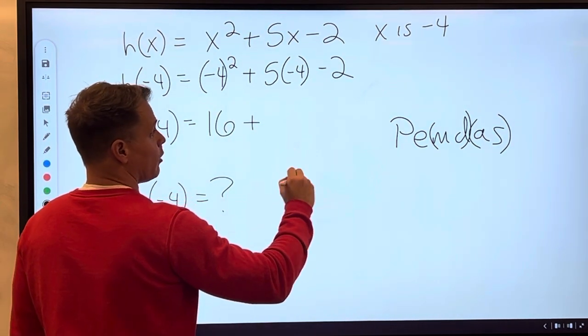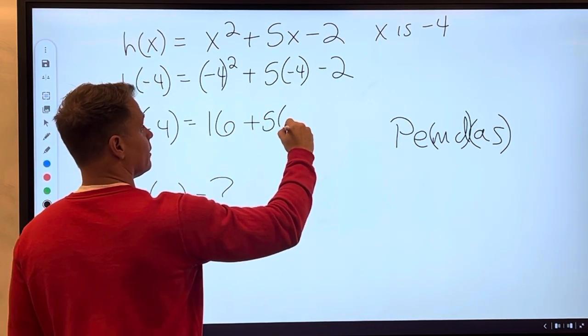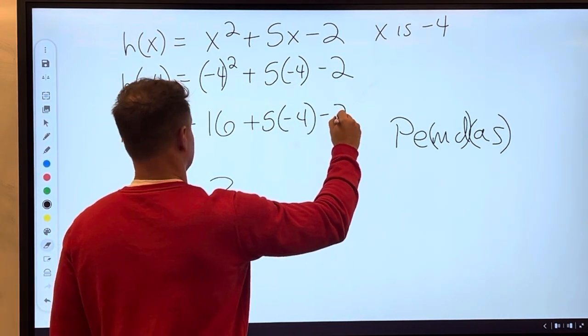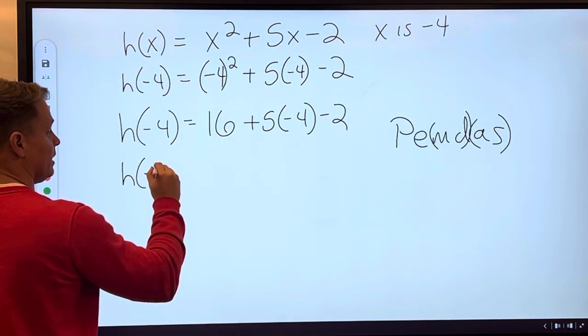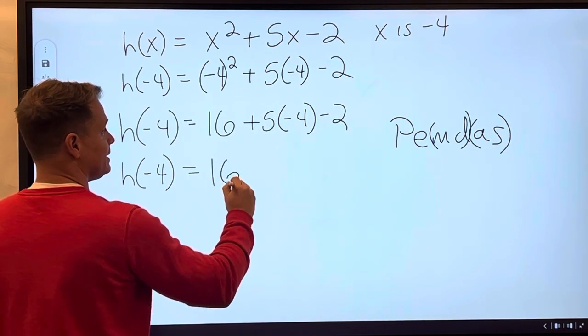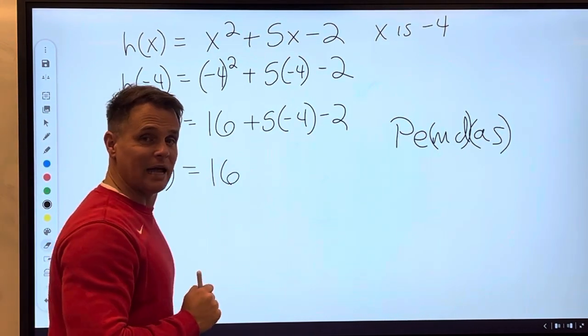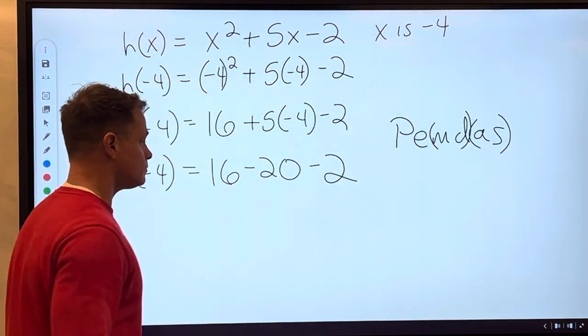The next thing that I would do is multiplication. There's multiplication right there. I'm going to do it in the next step. So I have h of negative 4 equals 16. 5 times negative 4 is negative 20 minus 2.